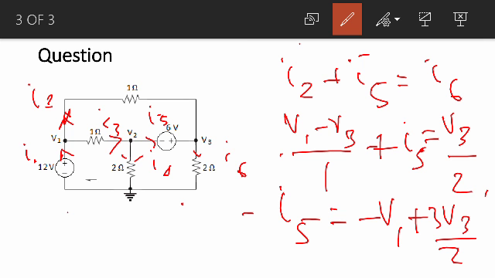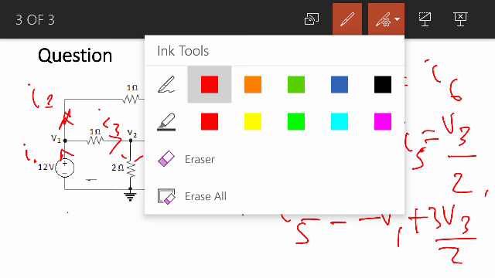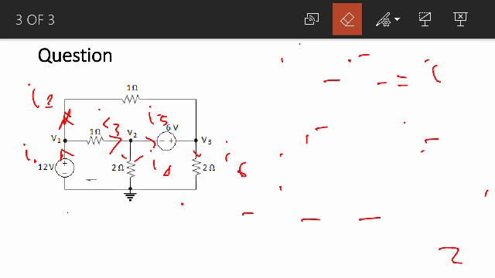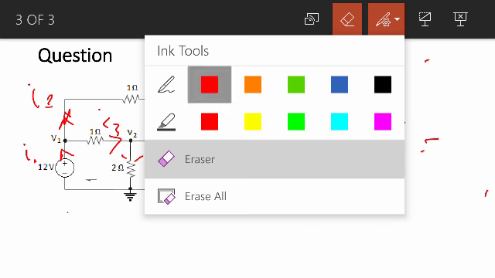I5 is equal to minus V1, then plus 3V3 over 2. Now, if we check the two values we have for I5, we are going to discover that we can equate them. So we clean this up and we equate.